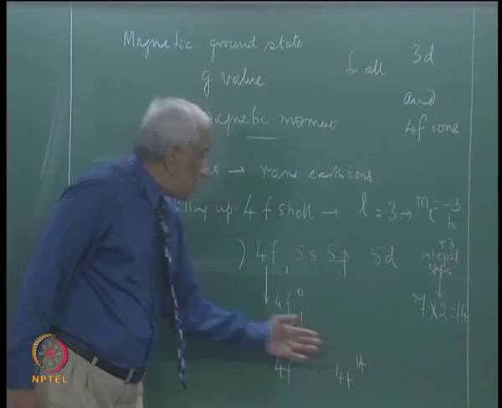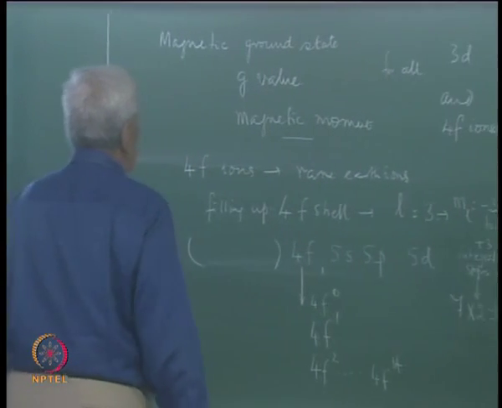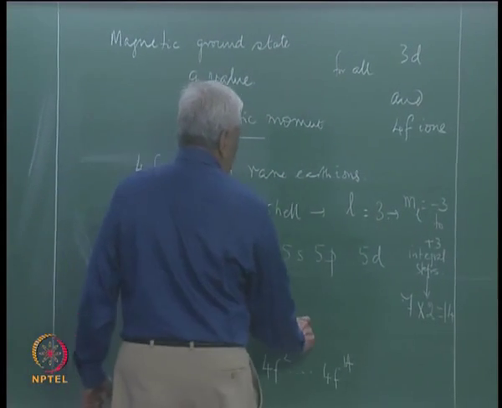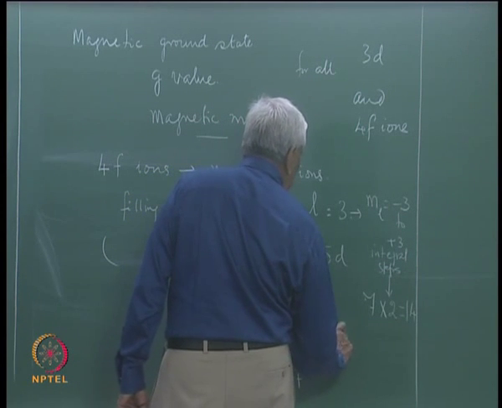All the elements corresponding to these different values of the electron in the 4F shell form the so called rare earth group.